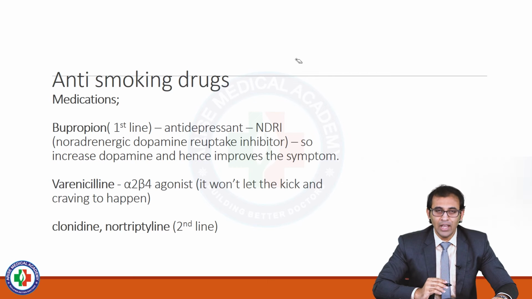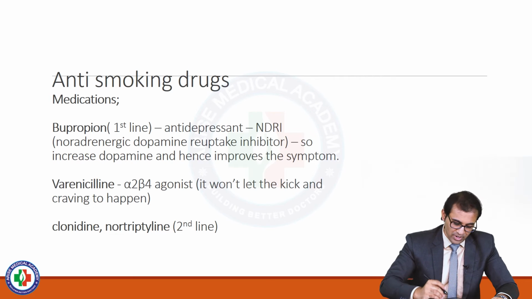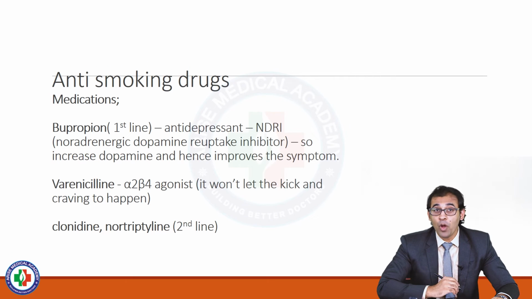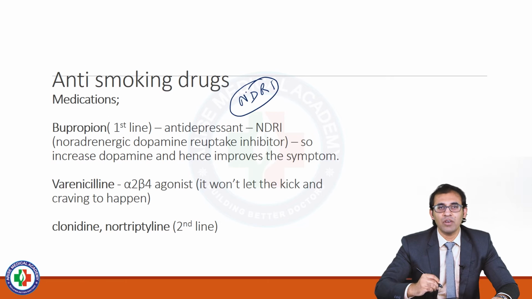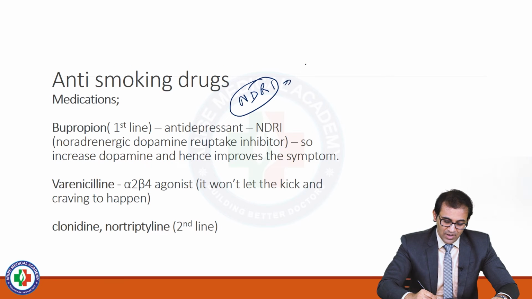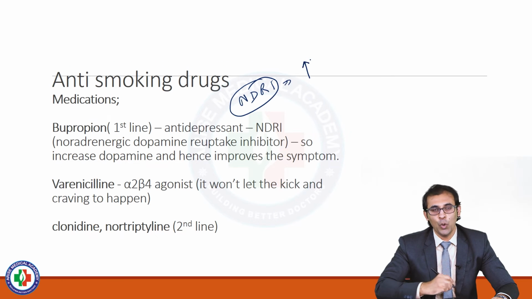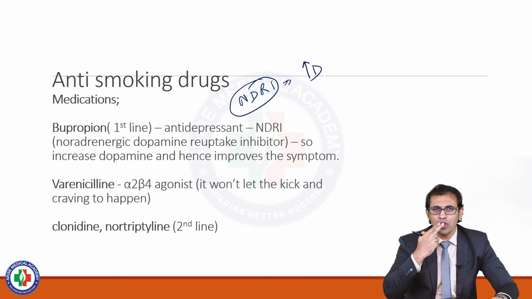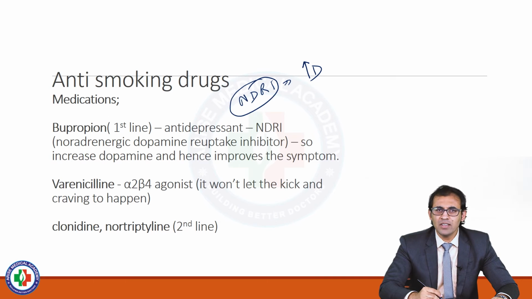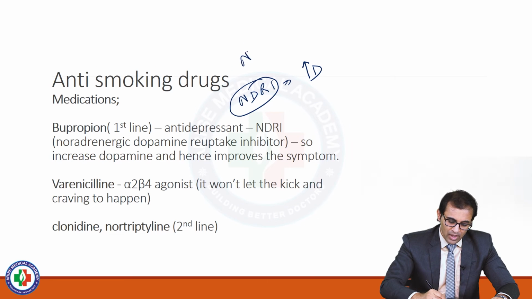So now let's understand the mechanism of action of these drugs. See why we are using bupropion, which is actually noradrenergic dopamine reuptake inhibitor. Because of this, there will be what? Increased level in the dopamine. See, when a person smokes, obviously he's going to take the nicotine. So what does nicotine do?